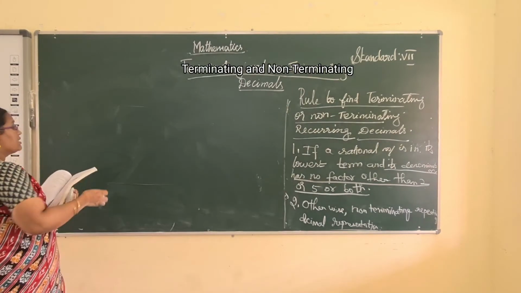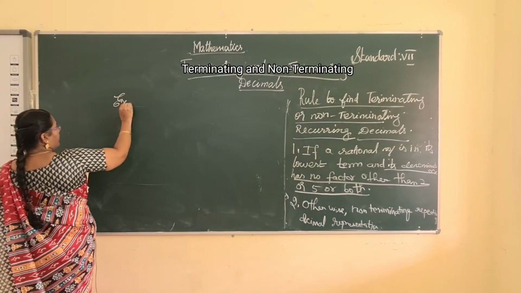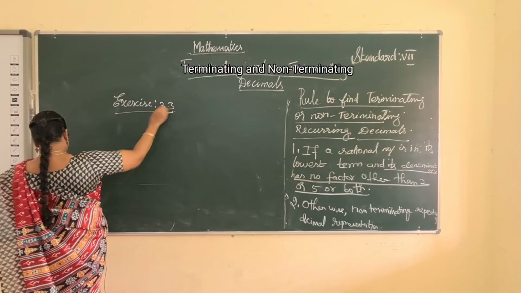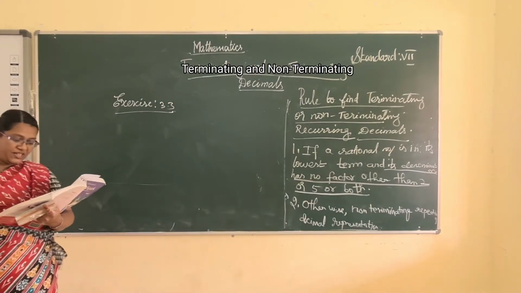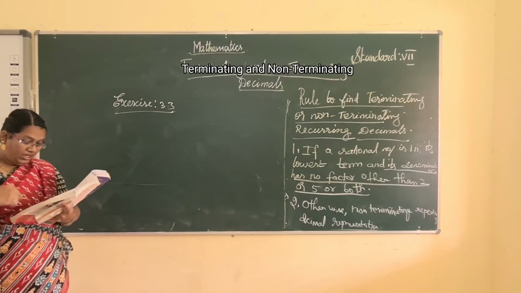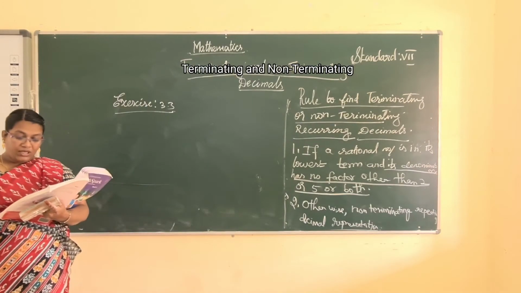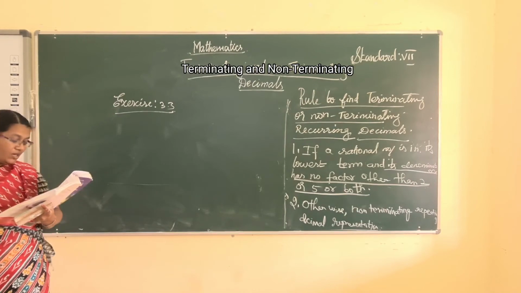See exercise 3.3. Without finding the decimal representation, say whether the following rational numbers are terminating decimals or non-terminating decimals.